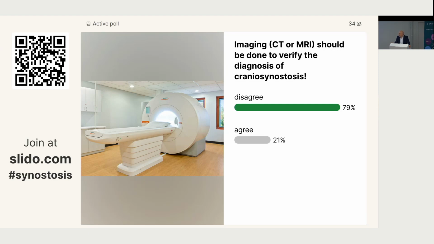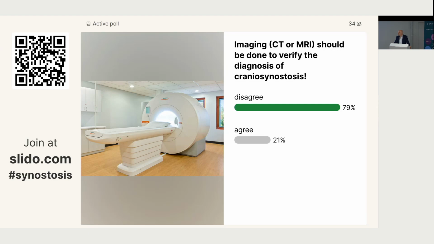Shlomi, what do you think? No, I agree that outside of a research protocol, which is a different thing, I wouldn't do any imaging, not even ultrasound. I think also our craving to know about subtle things in the brain that have no clinical significance is overrated, and this may cause a lot of anxiety to the parents.